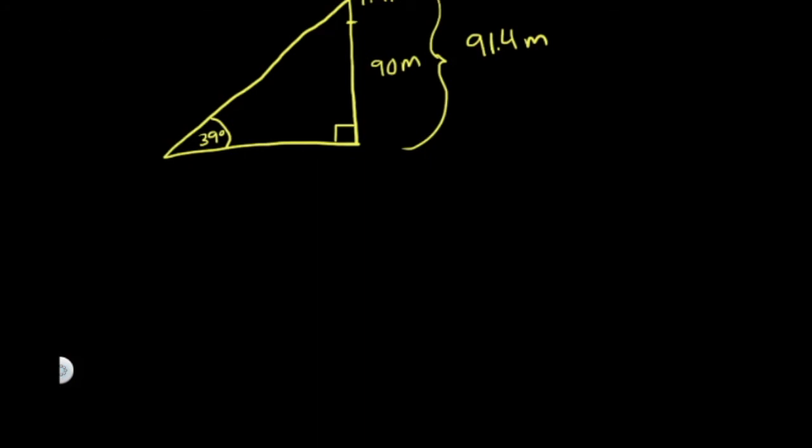Again, this is our 90-degree angle here. Remember, the hypotenuse is right across from the 90-degree angle, so this is the hypotenuse. Since we have this angle down here at the bottom, the side that is right across from that angle is our opposite, so that means this 91.4 is the opposite. And this one down here is the adjacent.